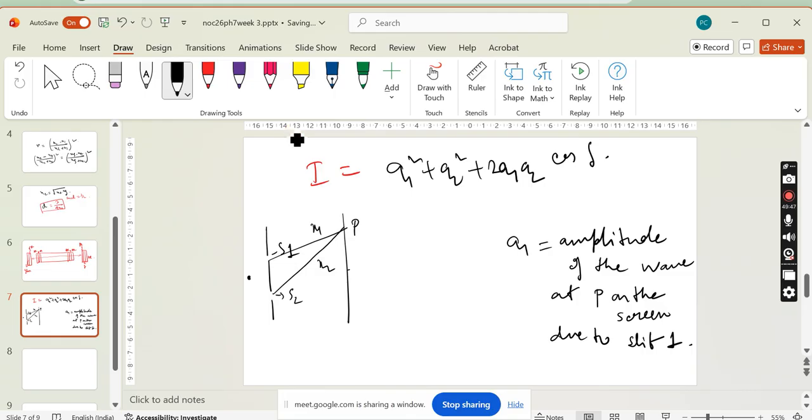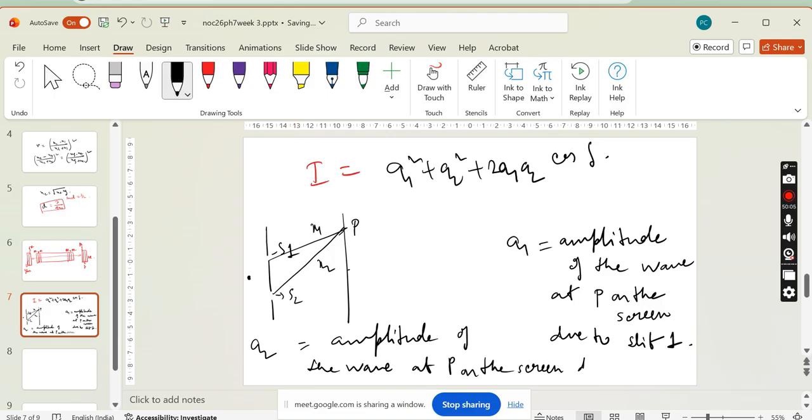The path difference between the two waves at point P is x1 minus x2, and A2 is the amplitude of the wave at P due to slit 2. So the intensity at P is A1 squared plus A2 squared plus 2 A1 A2 cos delta.